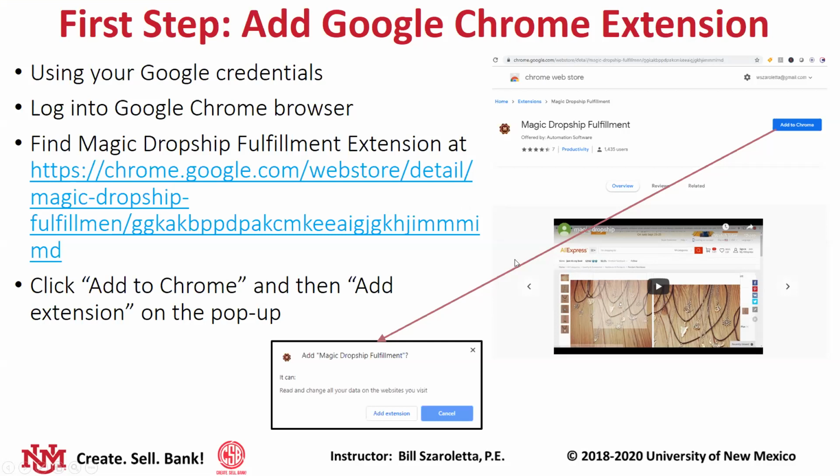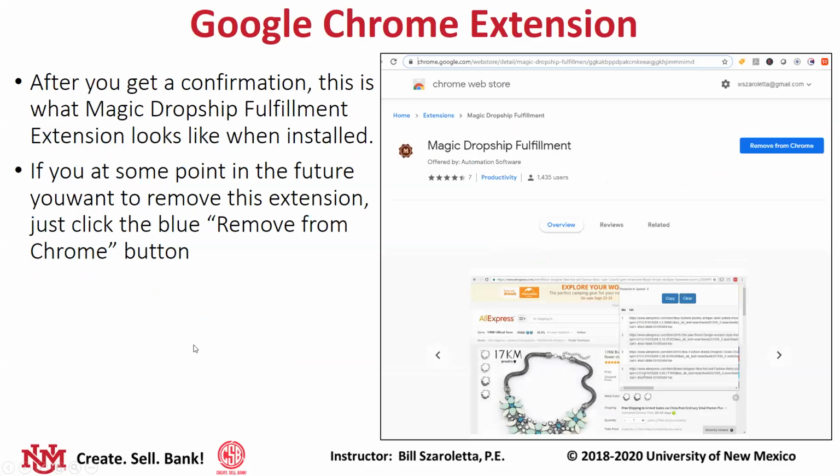And you can search for it, but once you click on the link, you'll be brought to this page over here, the Magic Dropship Fulfillment extension to Chrome. You click Add to Chrome, and they'll ask you for confirmation, and you say, absolutely, add extension. And after you get a confirmation, this is what it looks like, and you have the opportunity to remove it, which you can clearly do.